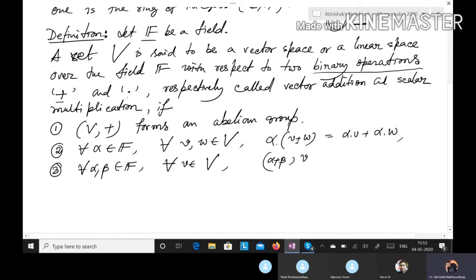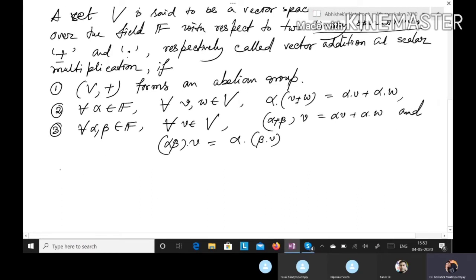So (alpha plus beta) dot V is going to be alpha dot V plus beta dot V, and (alpha beta) dot V is alpha dot (beta dot V).